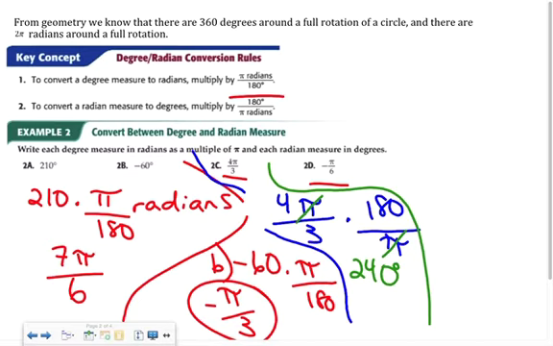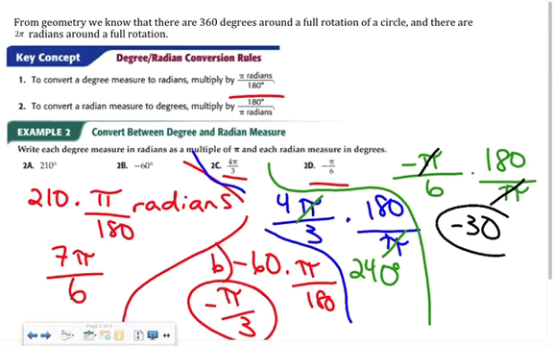Last one, negative pi over 6 times 180 over pi. Again, conveniently, the pi's cancel out, and 180 divided by 6 is 30, so the measure of this angle is negative 30 degrees.